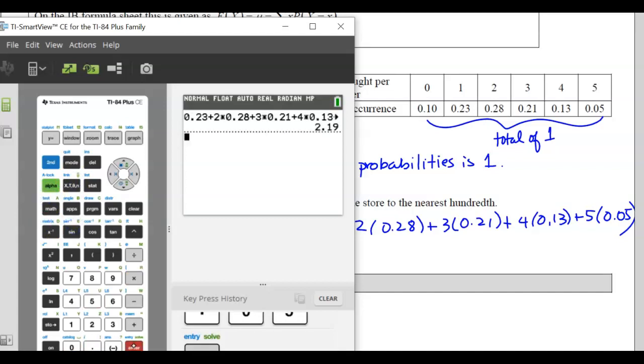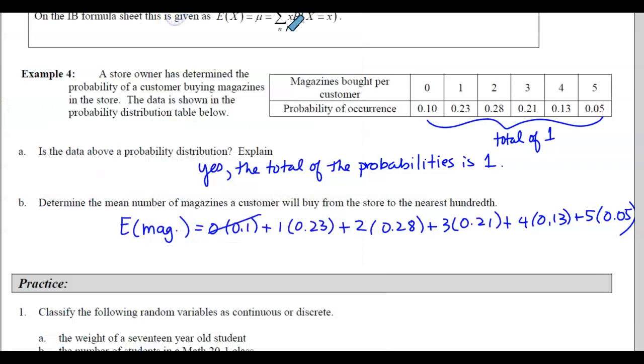Enter. Okay. So basically, a little more than 2 magazines.